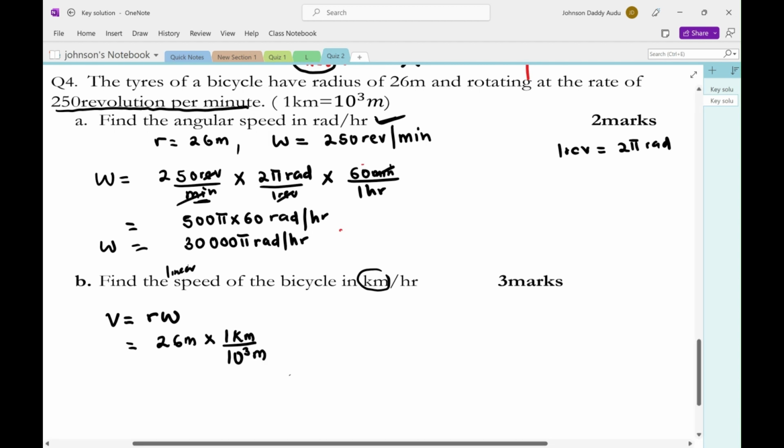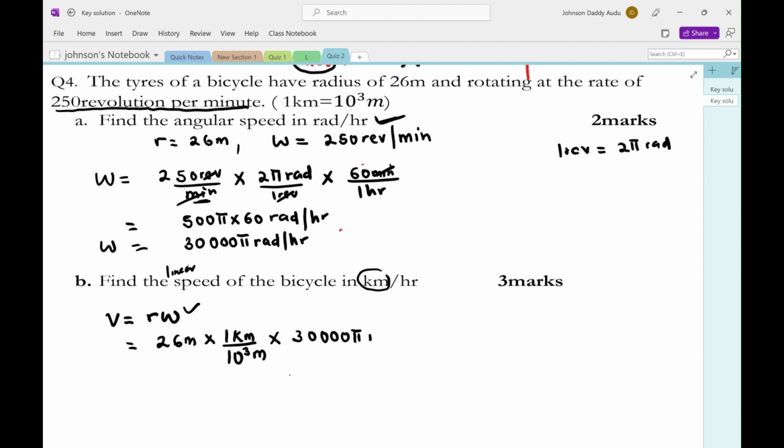Okay. So now this is for the conversion. Then multiply by omega, which is our angular speed, already known from the first part, which is 30,000 pi rad per hour, right? Now, if we do this calculation carefully, we will see that we have 3 zeros here.